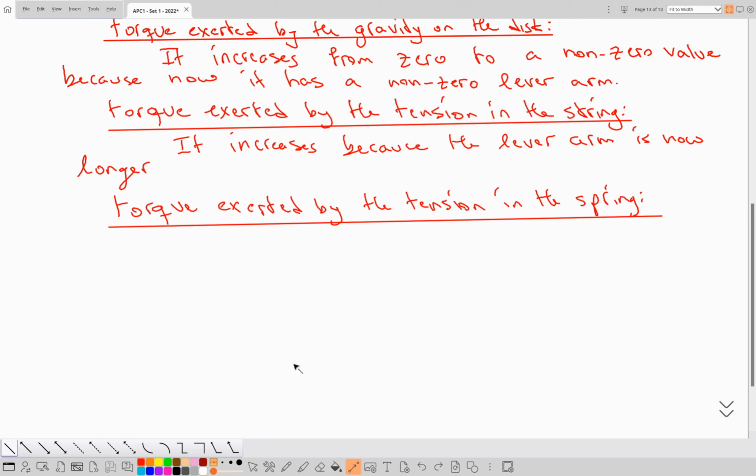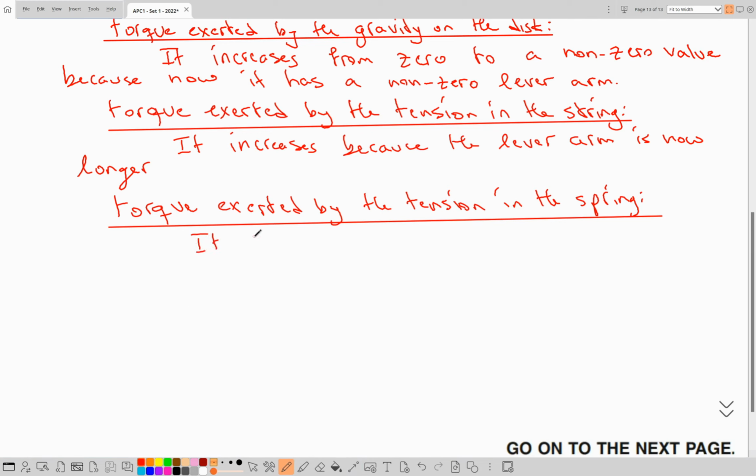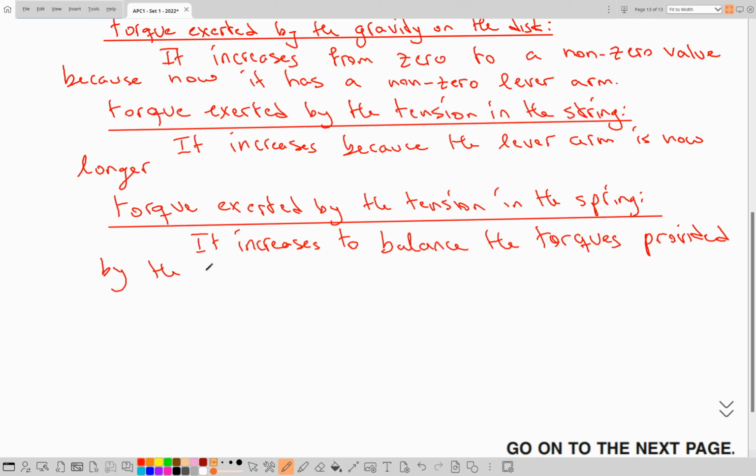So let me say here it increases to balance the torques provided by the other two forces, since their torques increased as well.